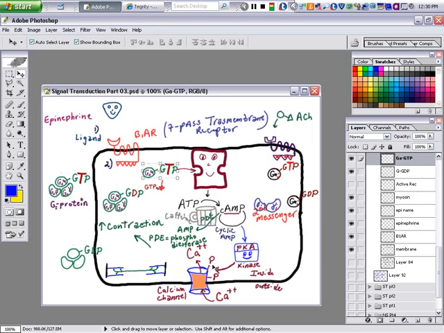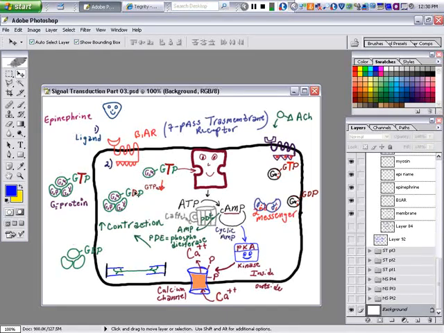In order to regulate this system, these G proteins, the alpha subunits, have an intrinsic GTPase activity, their own GTPase activity. When they've been active long enough, they'll clip the GTP and convert it into GDP.